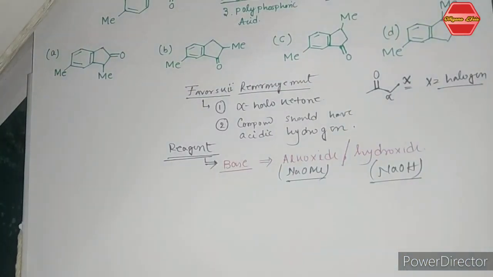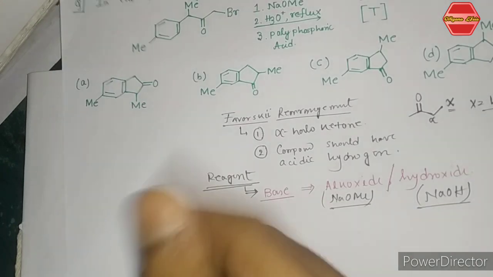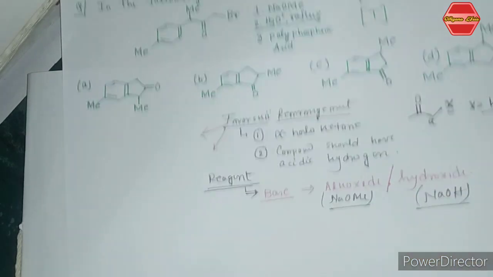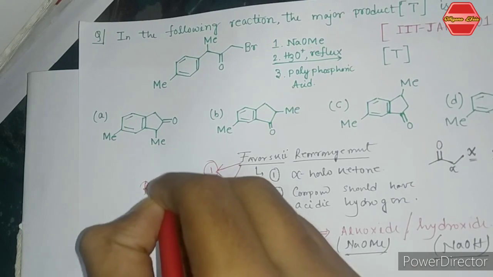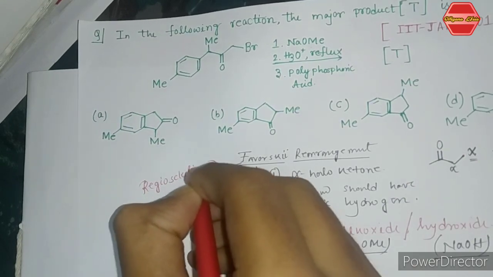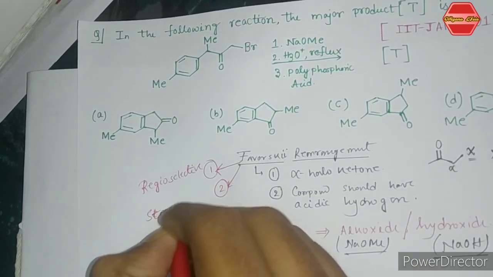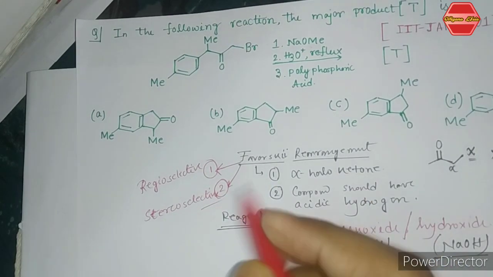Now there is one more important concept regarding this Favorskii rearrangement: it is very regioselective as well as stereoselective. So this rearrangement has two different aspects: number one is regioselective, and number two, it is also stereoselective.